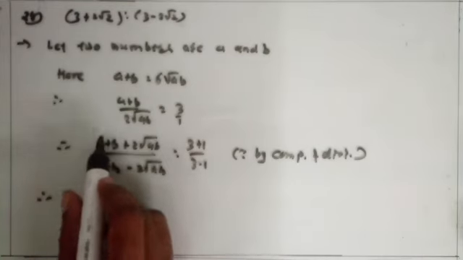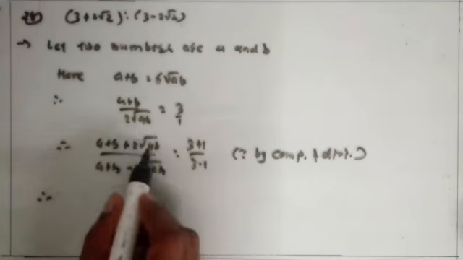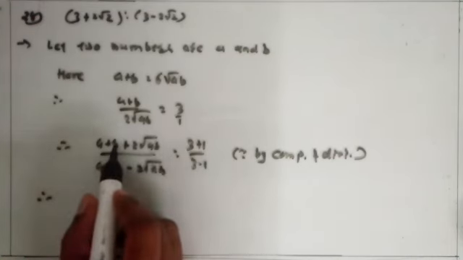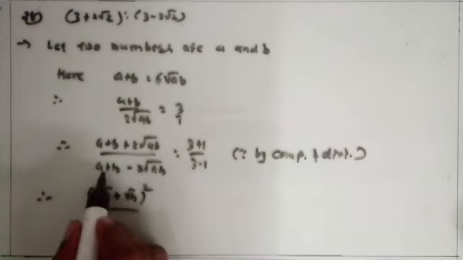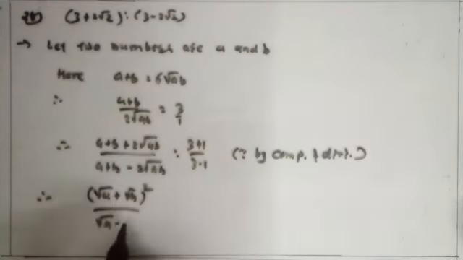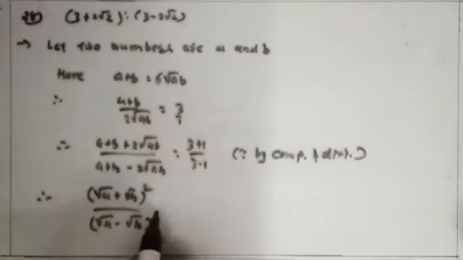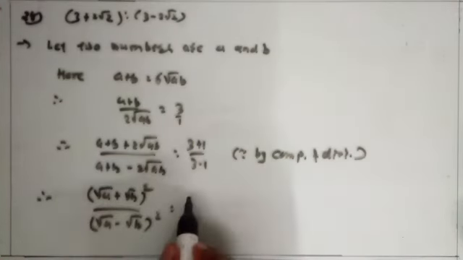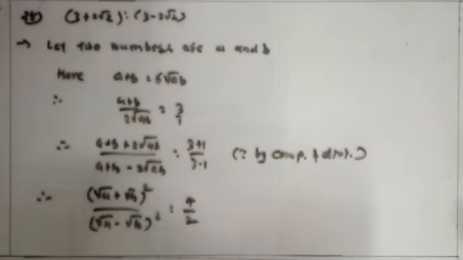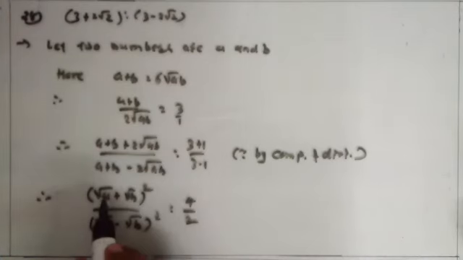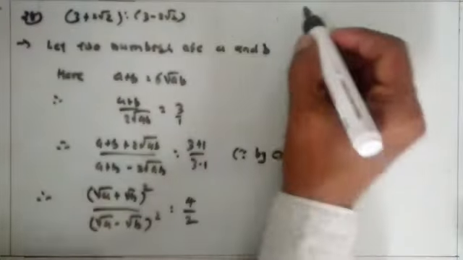So (root A)^2 plus 2 root A root B plus (root B)^2 becomes a perfect square, and the factor is (root A plus root B)^2 upon (root A minus root B)^2, which is equal to 4 upon 2. Clear?